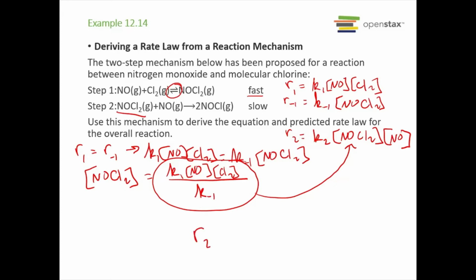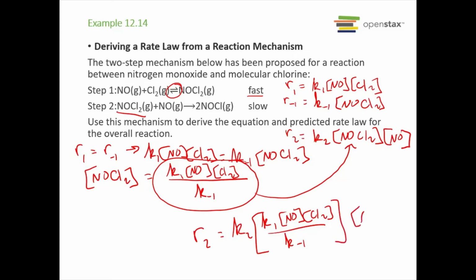So now substituting that in, we get that R2 equals k2 times k1 times NO times Cl2 over k reverse times NO. And the last thing is to just make this look pretty. To do that, we can put all of our k's together.